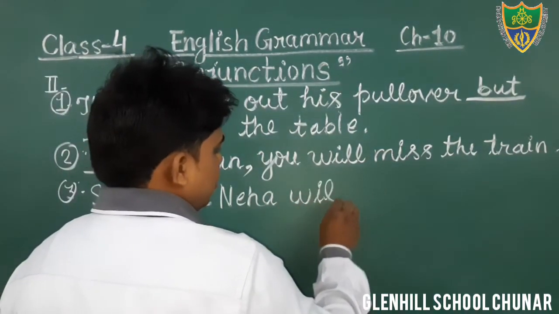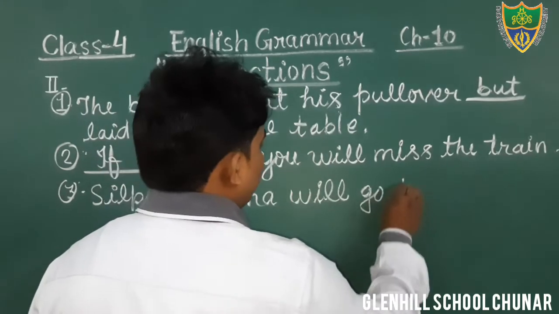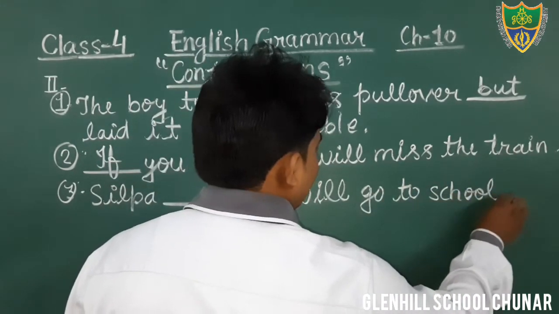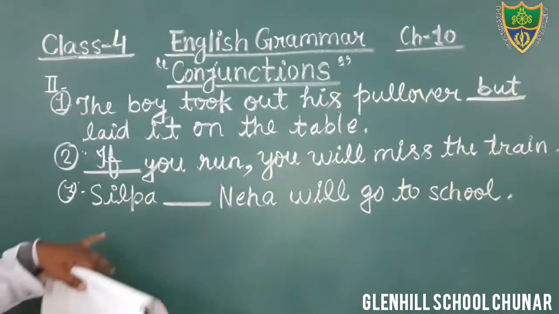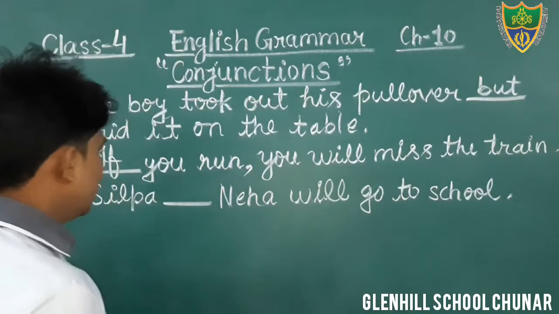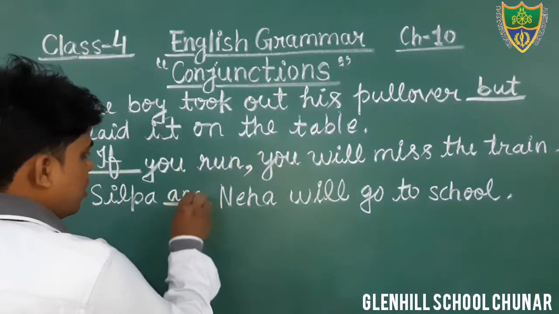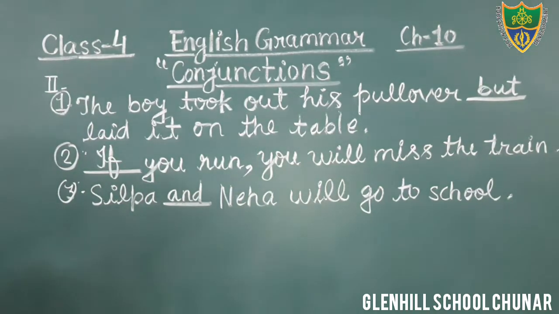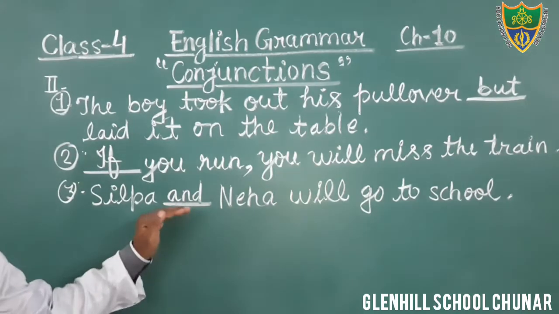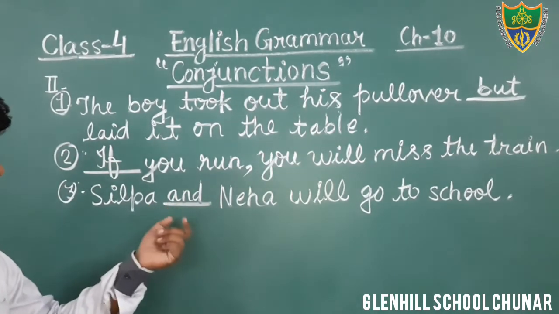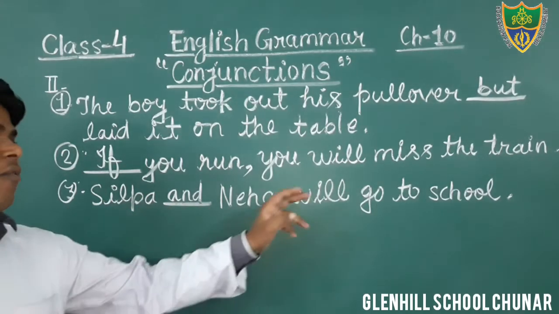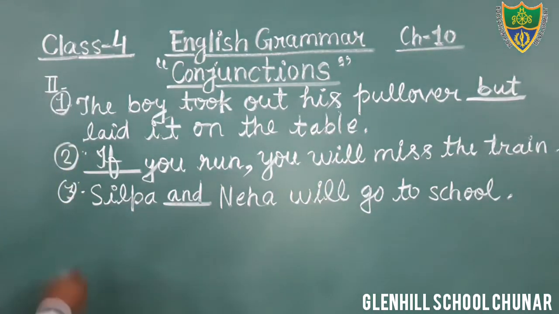Shilpa dot is given, Neha will go to school. Shilpa and Neha will go to school. That means you will use the conjunction and to complete the sentence. Shilpa and Neha will go to school. Okay, come to the next question.